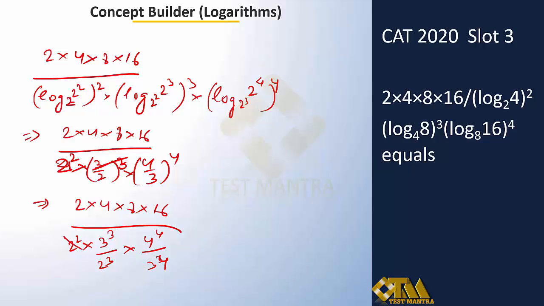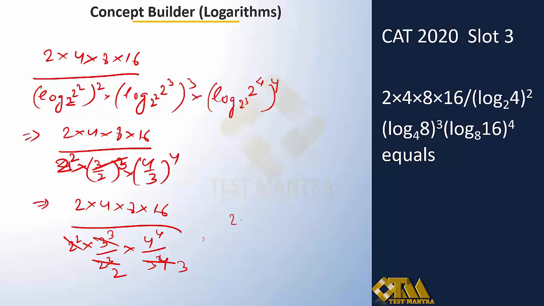Right, so here if we take 2 available here, then if we take this one, 3 is available here, it's 4 raised to 4 here, and then this is 2. These two values will come to the numerator.